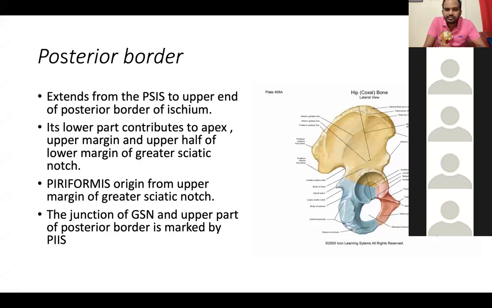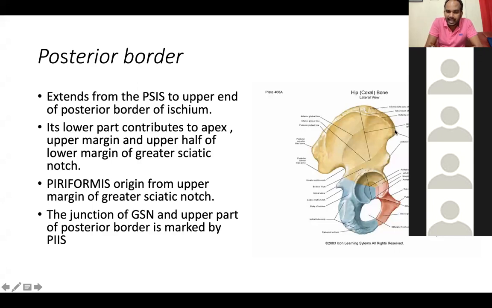The junction of this posterior border and this greater sciatic notch is marked by a tubercle or a spine which is called the posterior inferior iliac spine. This is the posterior superior iliac spine and this is the posterior inferior iliac spine.